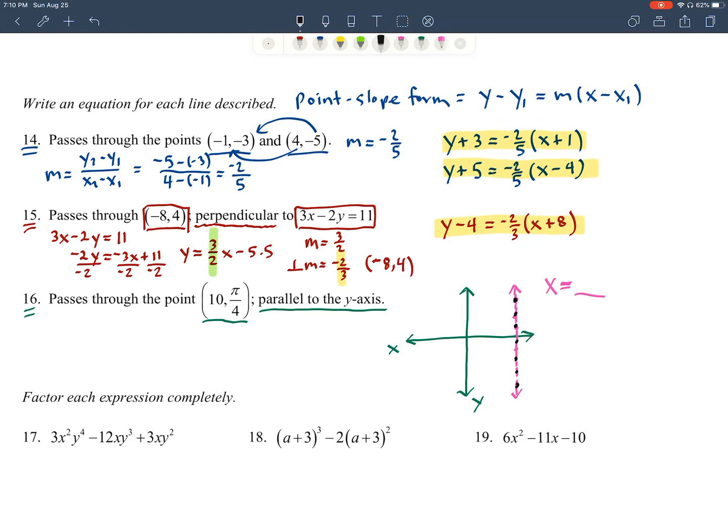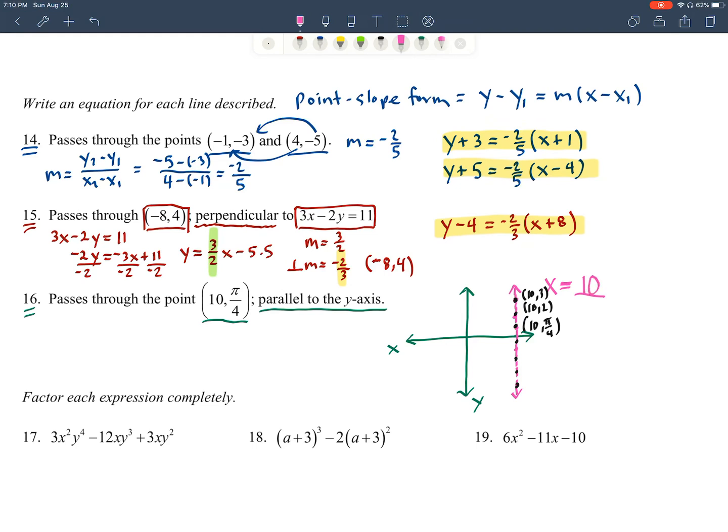Let's say that's the point (10, pi over 4). The point above it could be (10, 2), and the point above that could be (10, 3). Every point on this line has the same x coordinate. So when we're writing the equation of that vertical line, it's going to be whatever the x is.